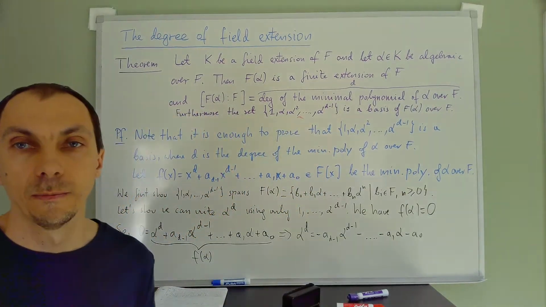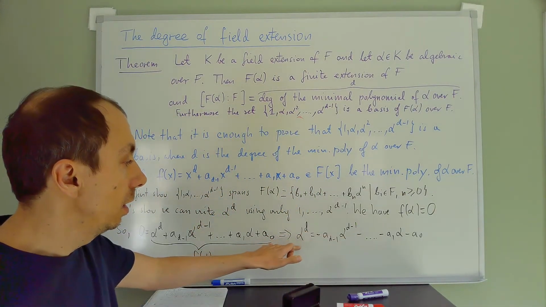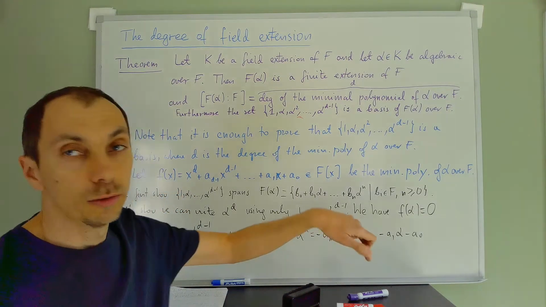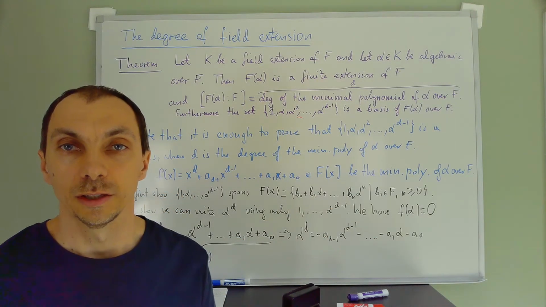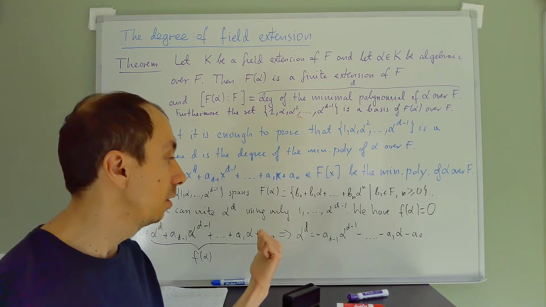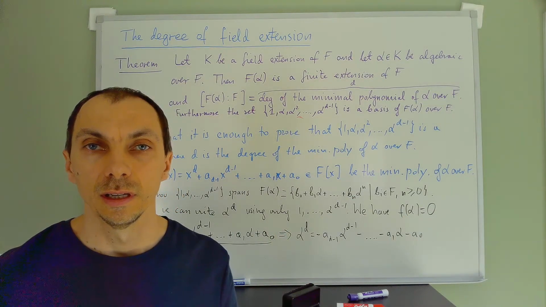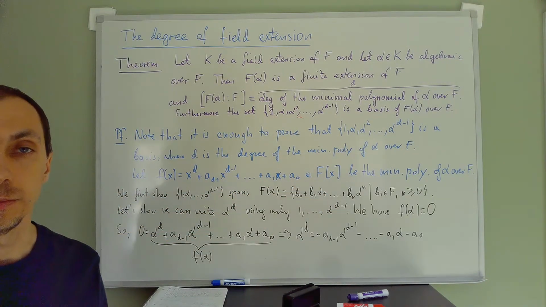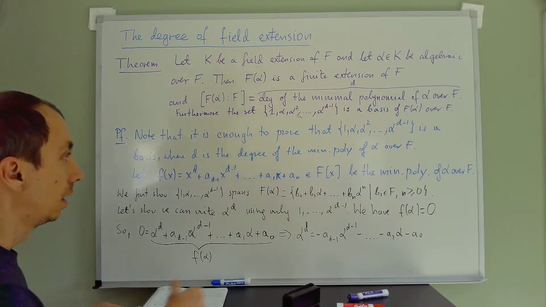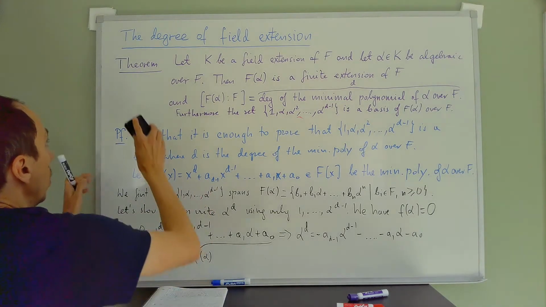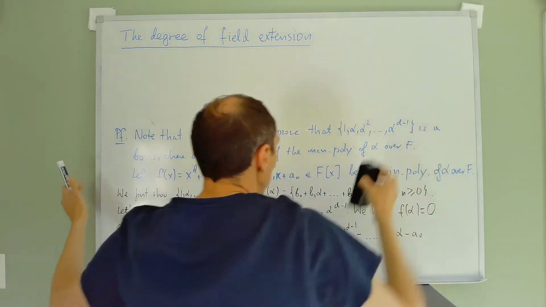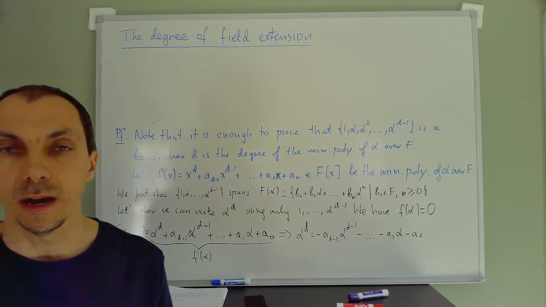Look, what have I done? I wrote alpha to the d using only the powers of alpha that are less than or equal to d minus 1. So that means I can express alpha to the d by the lower powers. How did I do it? By using the fact that alpha satisfies this polynomial. Okay, well, can I then write alpha to the d plus 1 using only the lower powers?